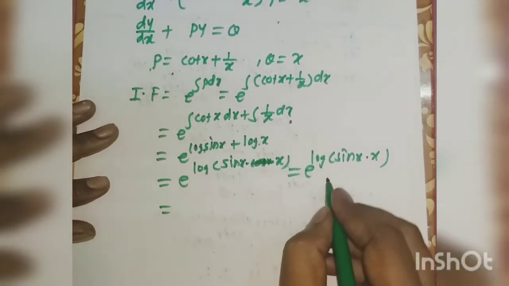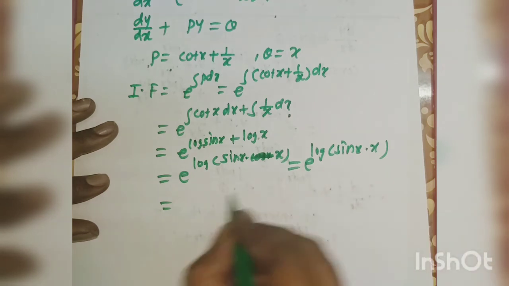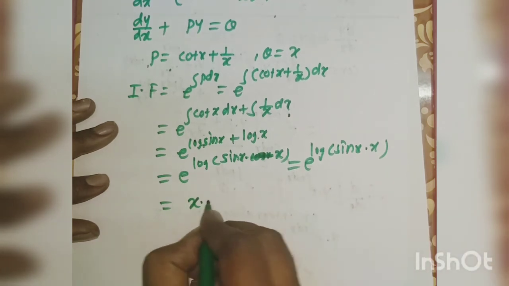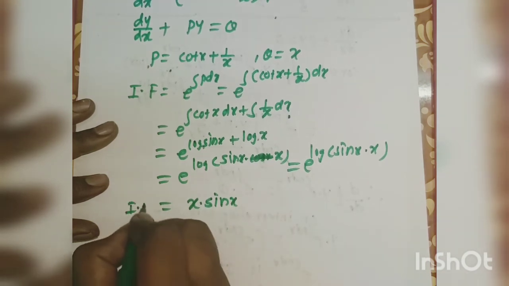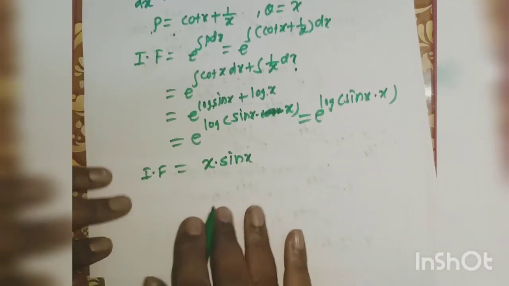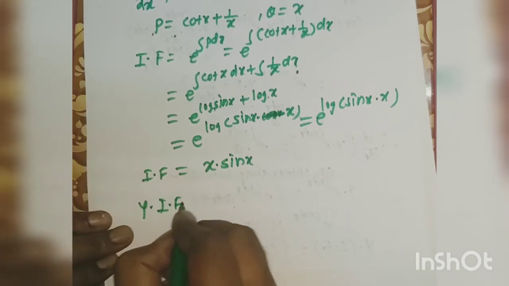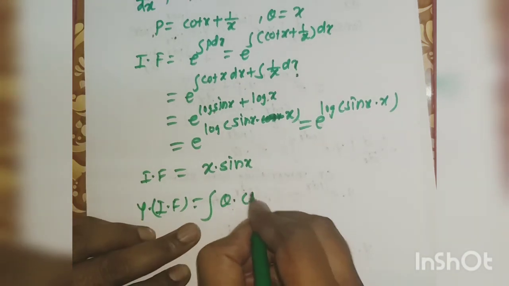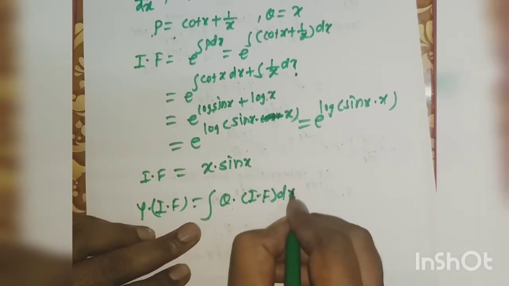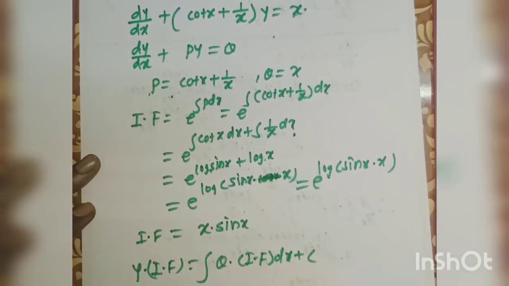By using the relation between logarithmic and exponential functions, its value is x into sin x, that is the IF, which is called the integrating factor. Its solution is y into IF is equal to integration of Q into IF dx plus c, substituting the values of Q and IF.